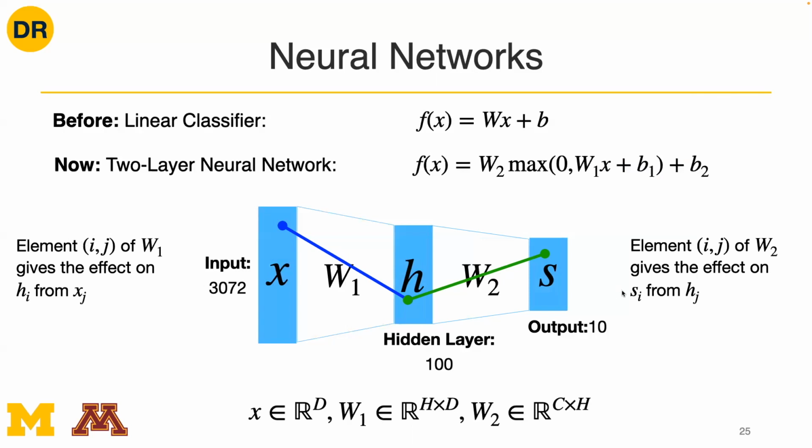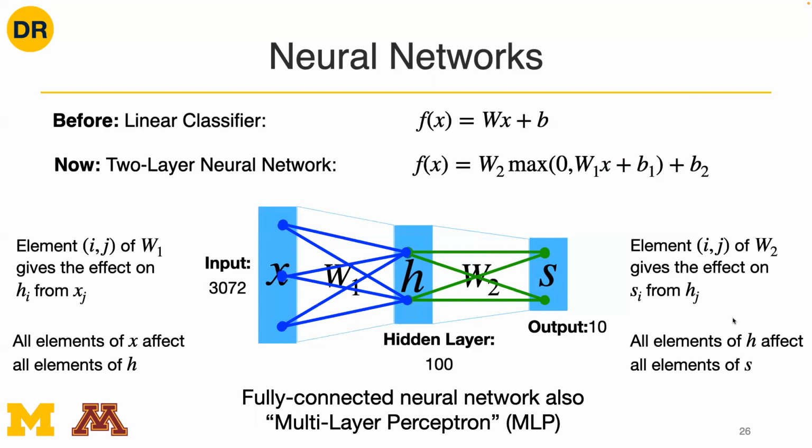If you wanted to know what effect element i, j of the second weight matrix, W sub 2, has, well, it's representing the effect of output s sub i, which is our final score for the ith class, based on the intermediate layer, which is input to this second portion of the network, from the term h sub j.